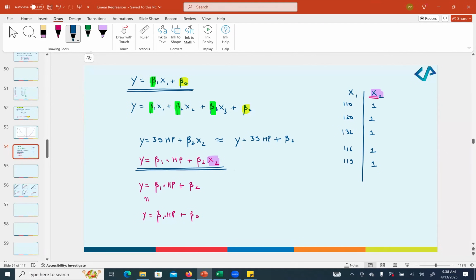Assuming beta 2 to be 10, y is equal to 39 horsepower plus 10, right? So this equation that you see over here, is it not in the format of y is equal to beta 1 x1 plus beta naught? Yes, yes, right? Same thing here.